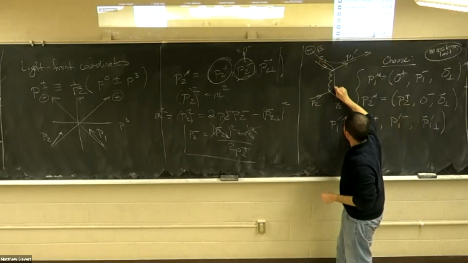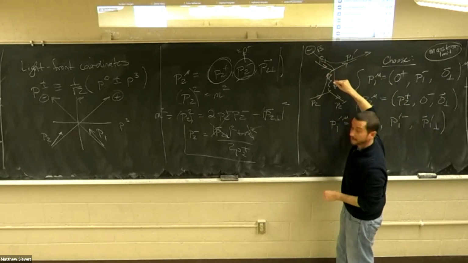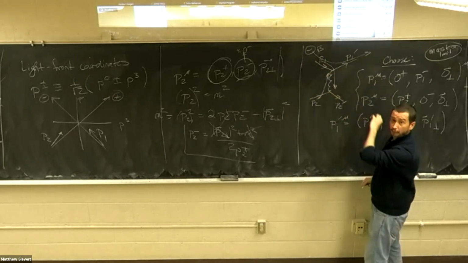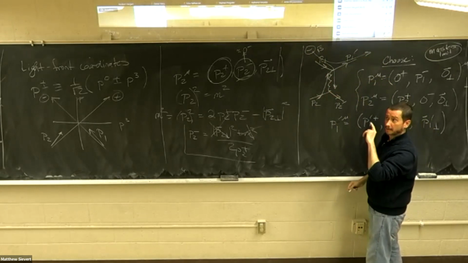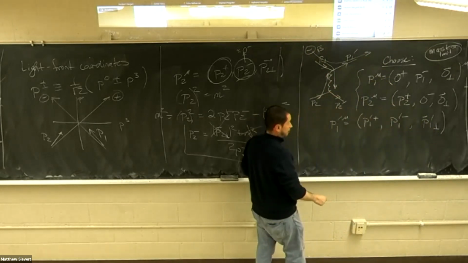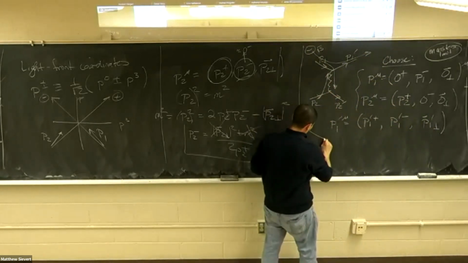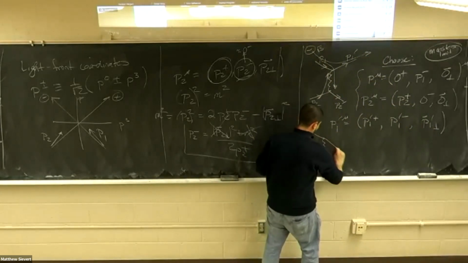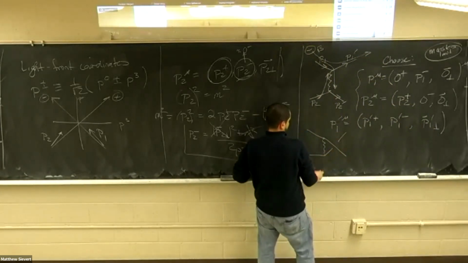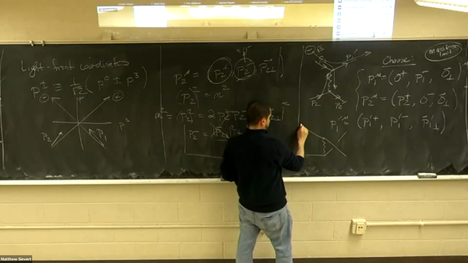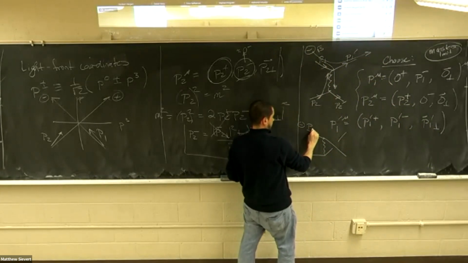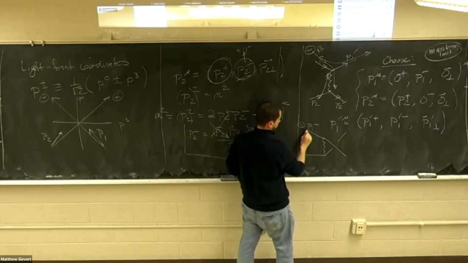If I start to send large amounts of momentum through the propagators, I end up with a large suppression factor for the diagram. That's exactly what happens for the U-channel, by the way. The U-channel diagram looks like this. In the U-channel diagram, I have a large amount of minus momentum coming in here in the form of P1 minus.